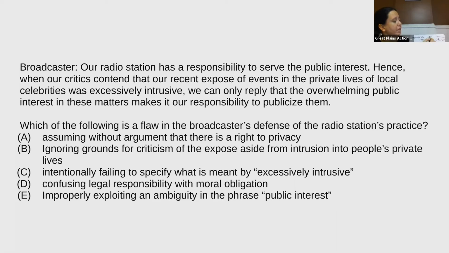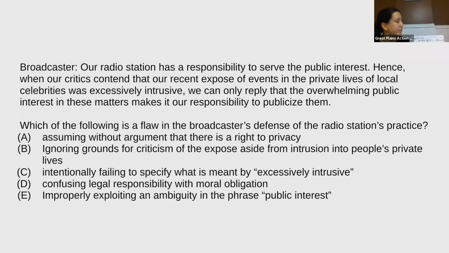So here we have public interest being used to mean in the best interest of the public, and here we have public interest meaning what the public is interested in. We're switching back and forth on a word, and so there's some equivocation going on.